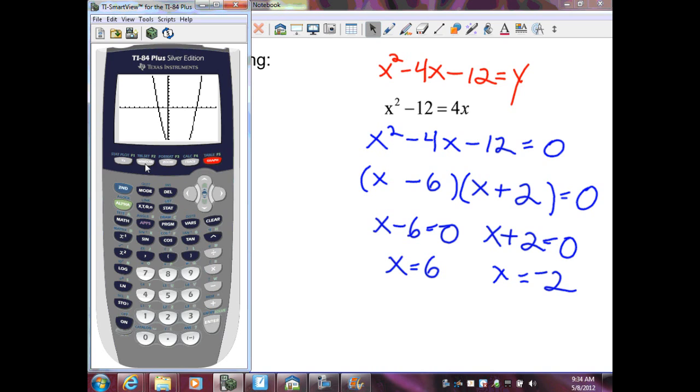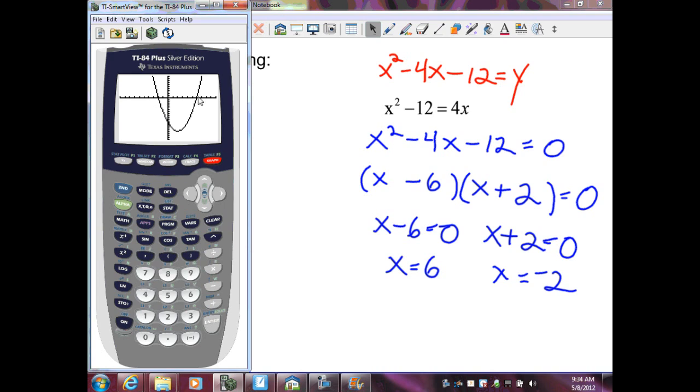So I'm going to go to my window, and I'm going to reduce my y min to a point where I can see it. So I'm going to select, and I'm just guessing, a negative 20. And then go to graph. And you can see that I do have my vertex, and I can see a better part of my quadratic.